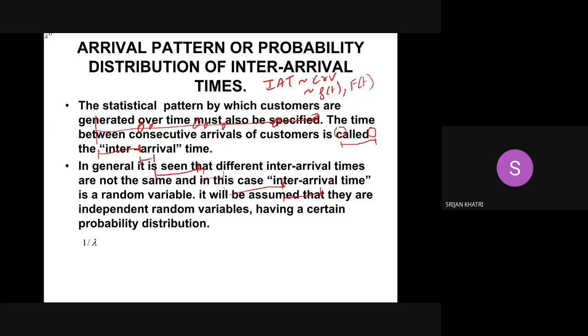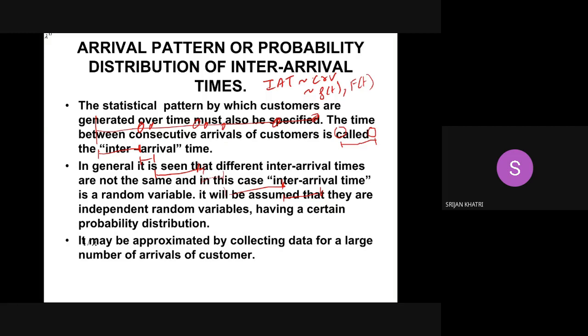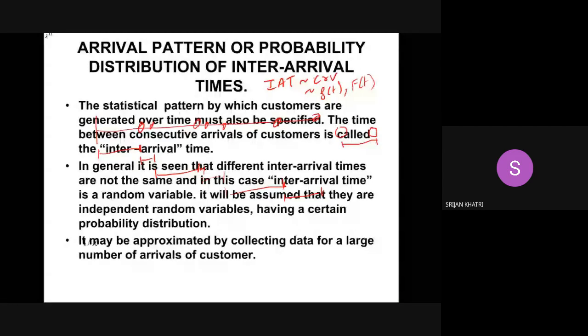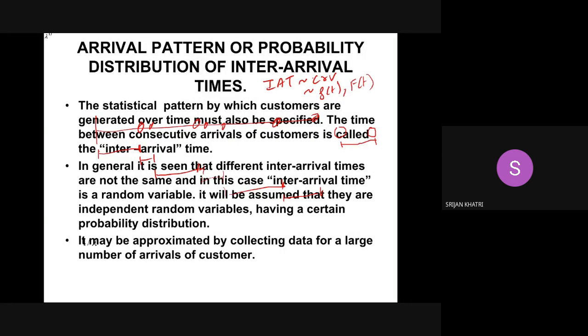So here we have to define the inter-arrival times by a particular distribution. It may be approximated by collecting data for a large number of arrivals of customers. That statistical pattern, that distribution, we can determine, whether it follows the exponential distribution, the normal distribution, the gamma distribution, or any arbitrary distribution, that you can judge with the collection of the data.